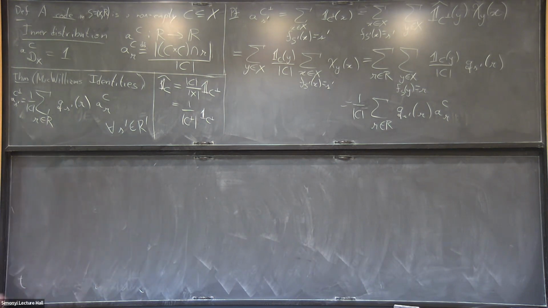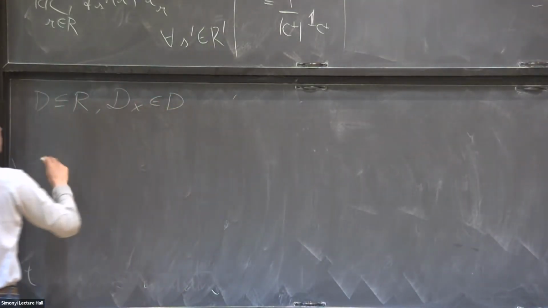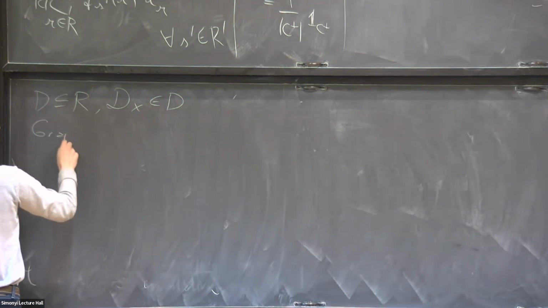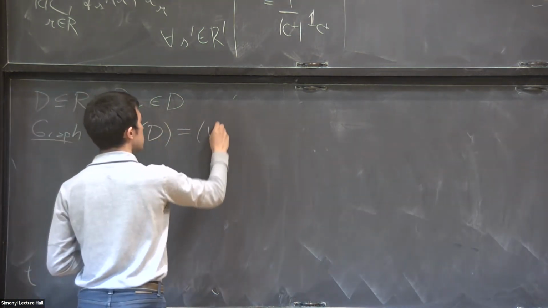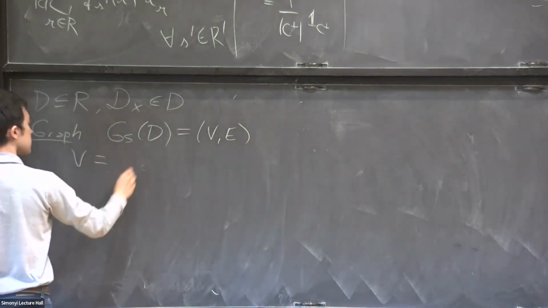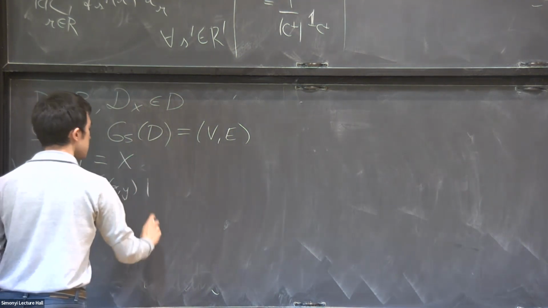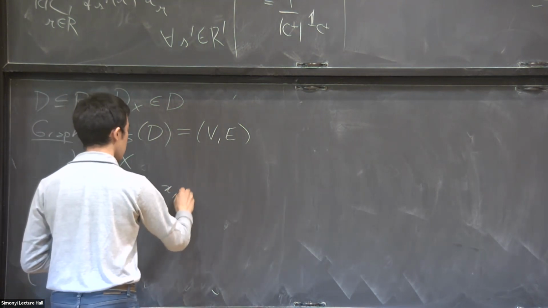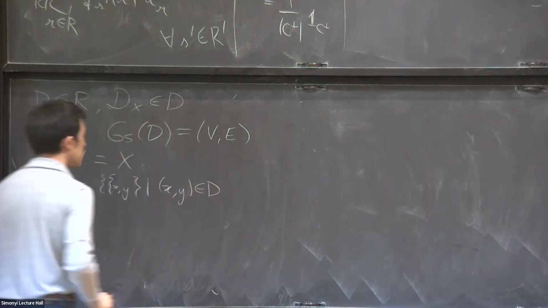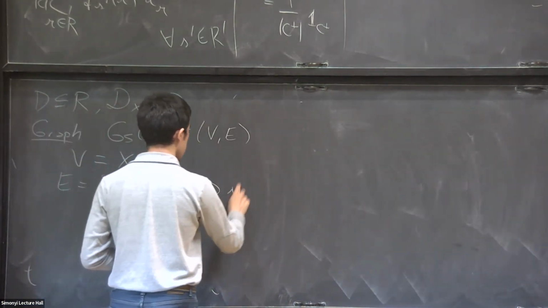So imagine that, again, I'm still in the setup that I have some D that is contained in R, and say it has the diagonal. What I'm going to do is define a graph G_D. The vertex set is just going to be X, and the edge set is going to be the pairs XY such that X, Y is in D. Maybe I'll write X just for pedantic reasons.